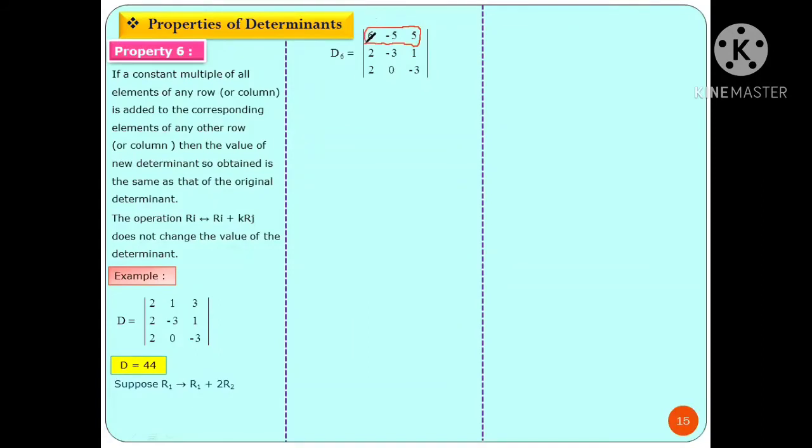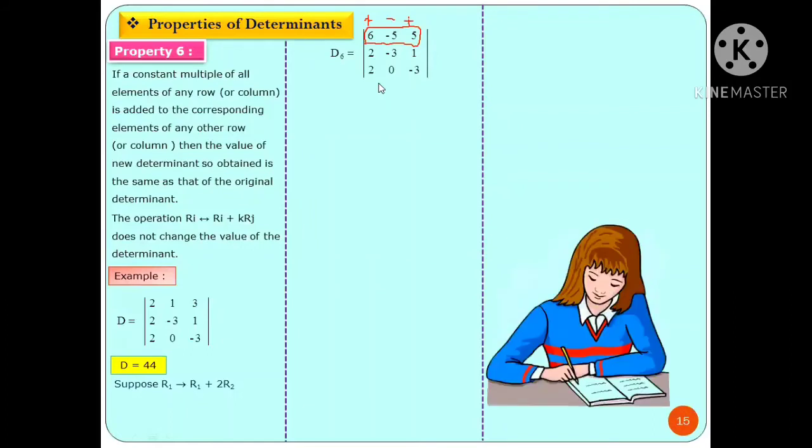Signs are taken as alternating plus, minus, for this position positive, negative and positive. Then the first element 6 is multiplied by the subdeterminant obtained by eliminating the first row and column, minus 3, 1, 0, minus 3. Next, minus of minus becomes plus 5.